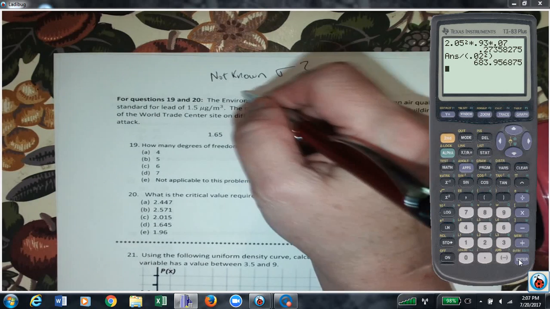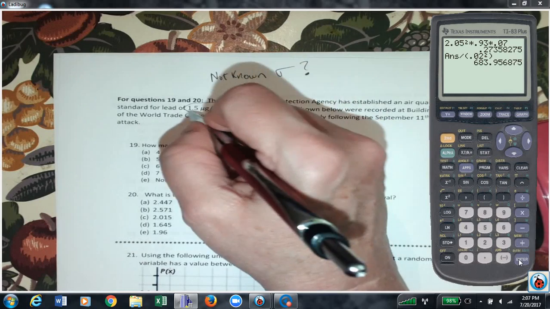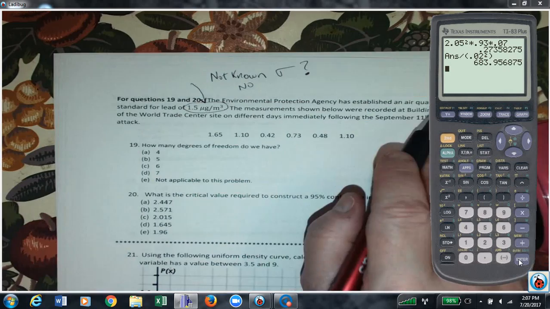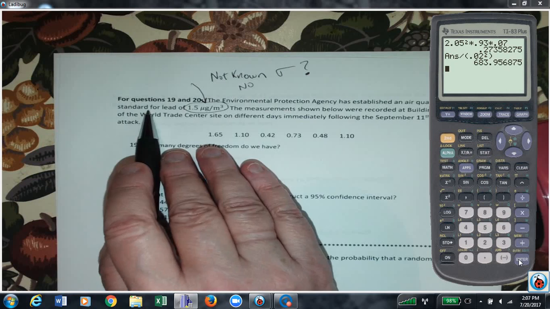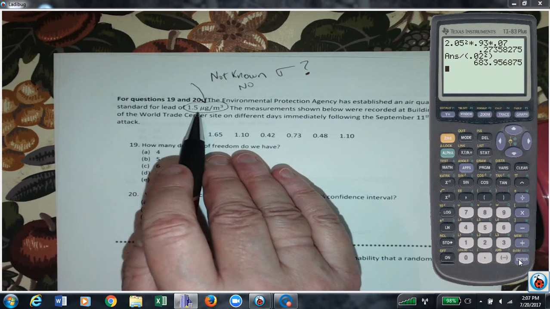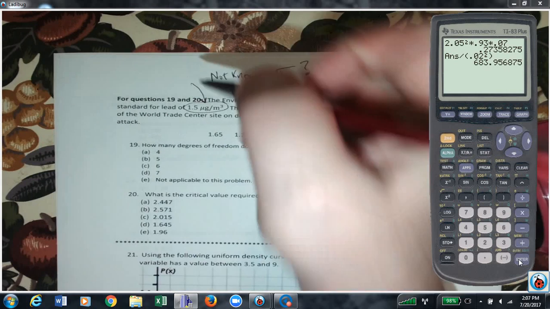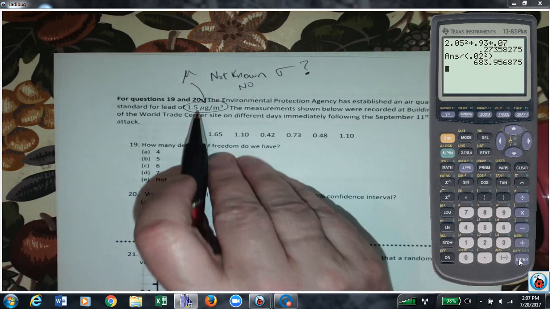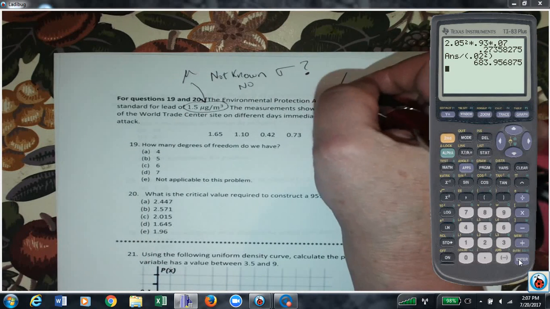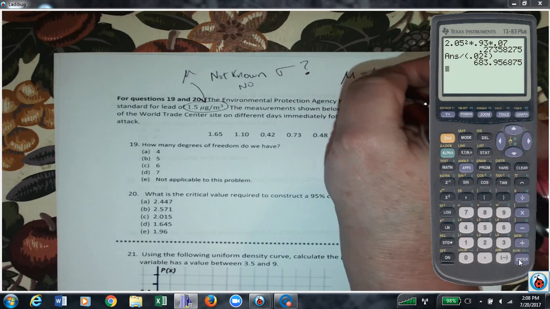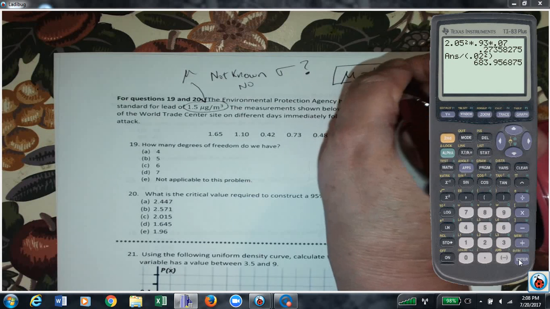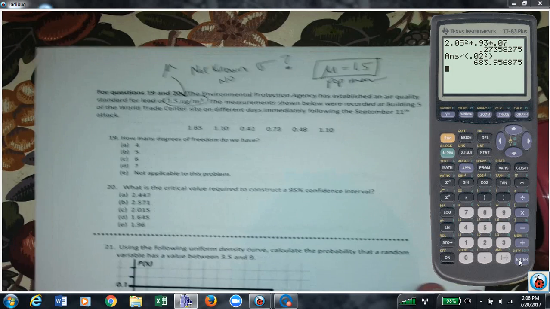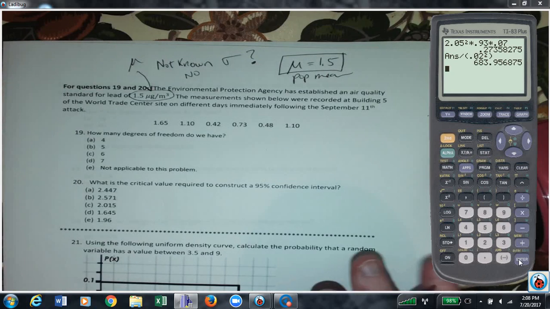So, what's this guy? Well, if that's their air quality standard, that's their average or population mean. So I've got mu equals 1.5. That's my population mean. That's the standard that the population must live up to.